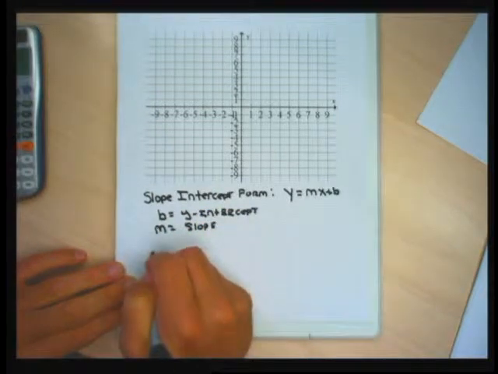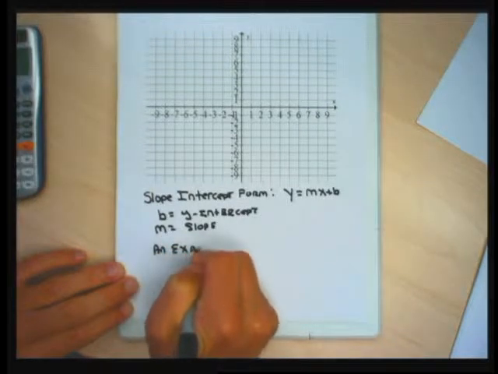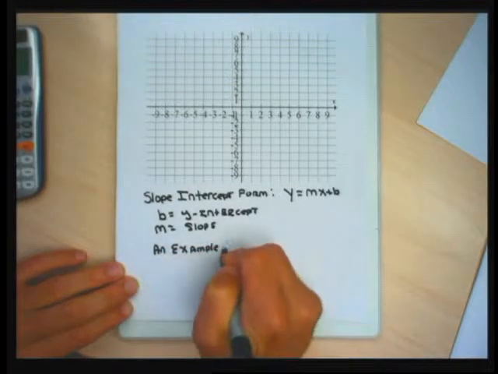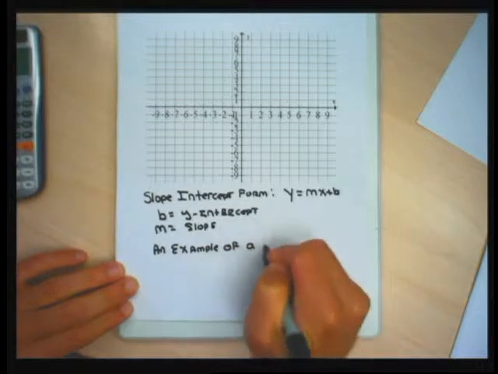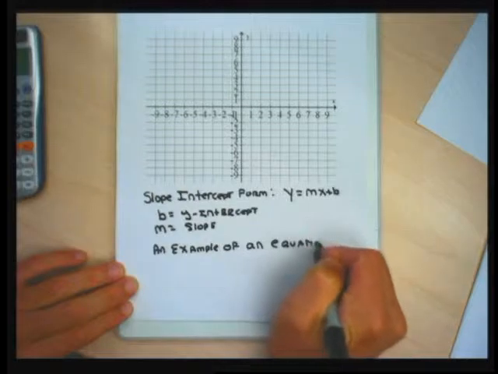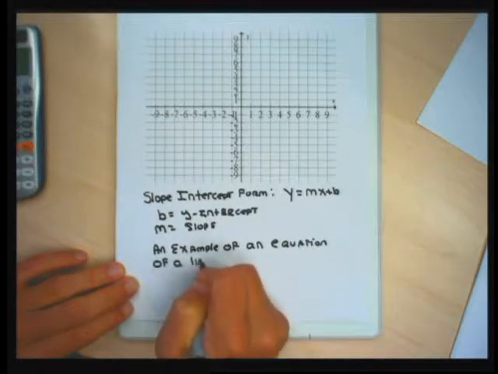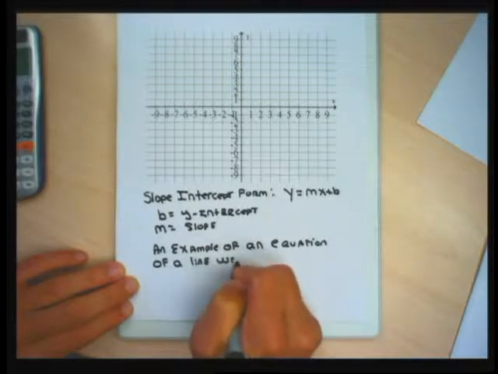Here, this is an example of an equation of a line written in slope-intercept form.